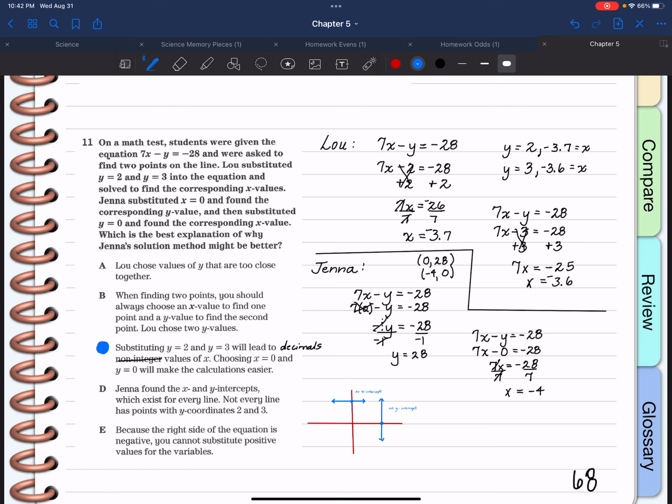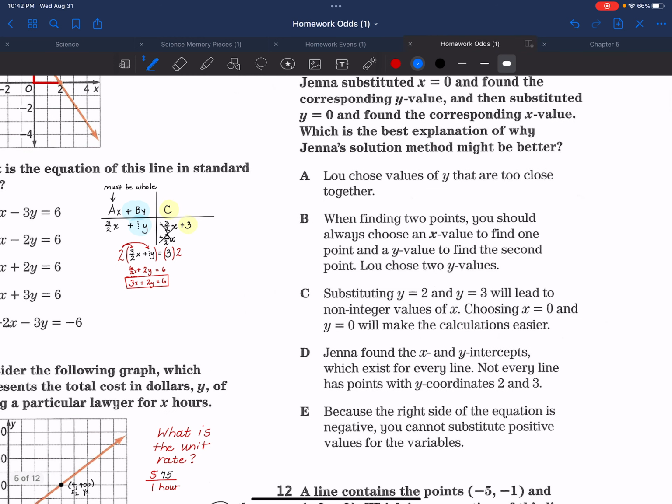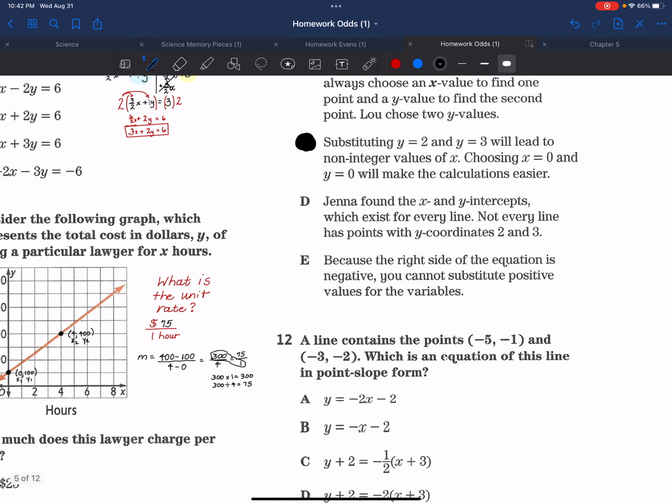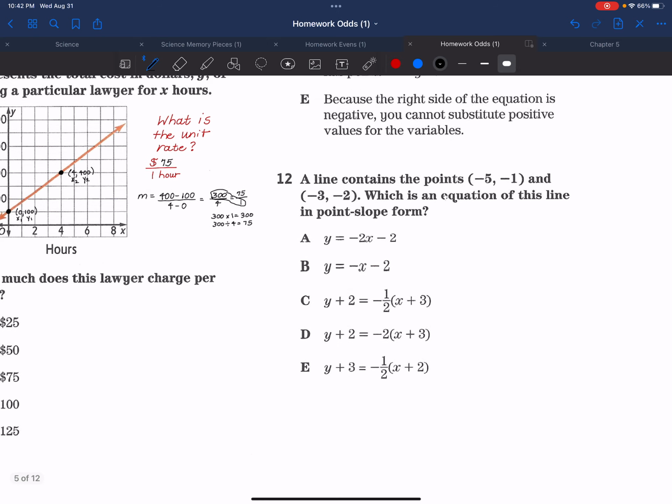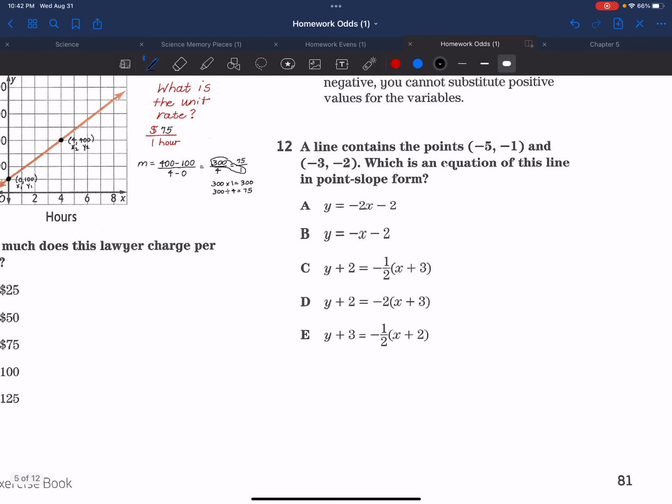Okay, back to the homework. And we did number 11. The answer is C. Number 12. A line contains the points, which is an equation of this line in point-slope form.